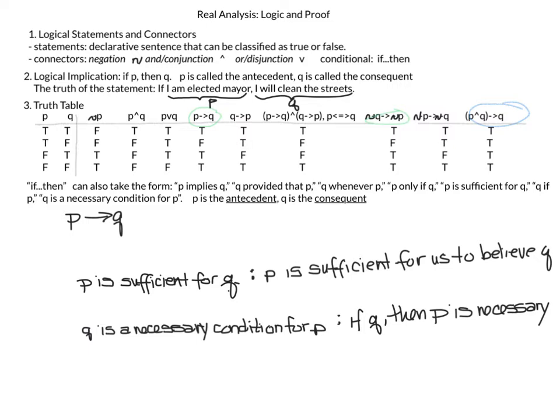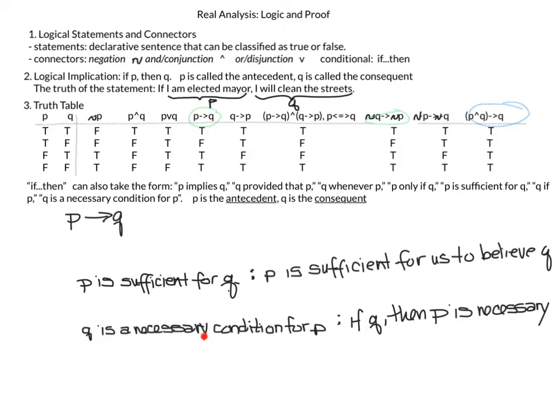So here I've written those two alternate ways of thinking of P implies Q. P is sufficient for Q. I think of this as knowing P has occurred is sufficient for us to believe that Q has occurred. Here, Q is a necessary condition for P. That means that if we know Q has occurred, then we know necessarily that P has occurred, because whenever P occurs, Q follows.